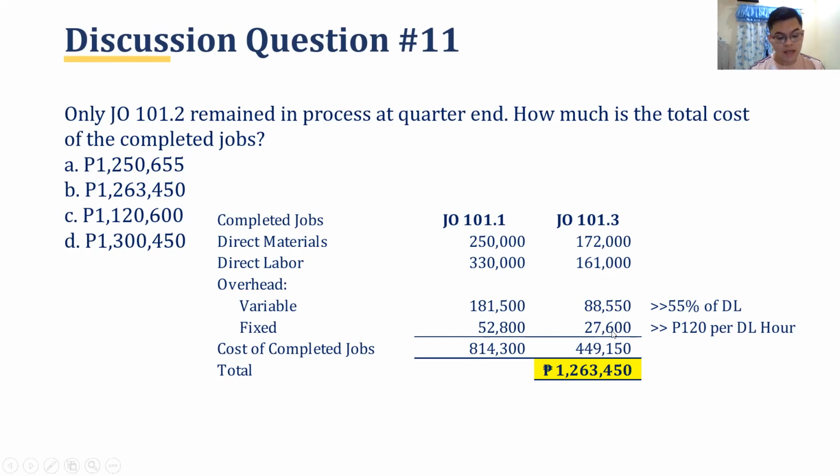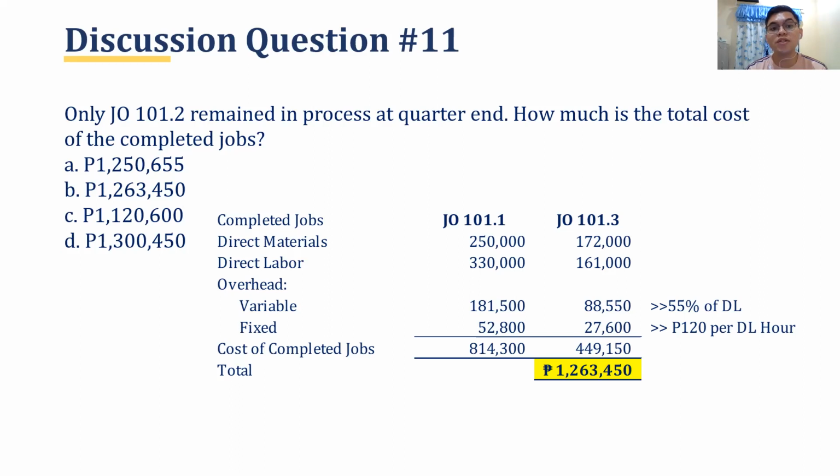And for the fixed, there you have 230 direct labor hours. Multiply mo lang with the predetermined rate of 120. So that's 27,600. So add mo lang 88,550 plus 161,000 plus 172,000. There you get 449,150.